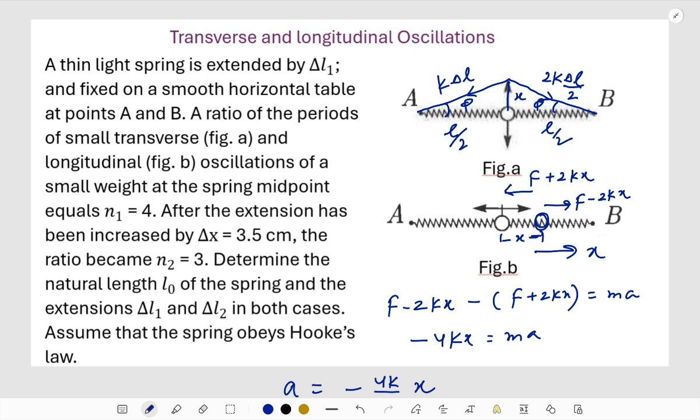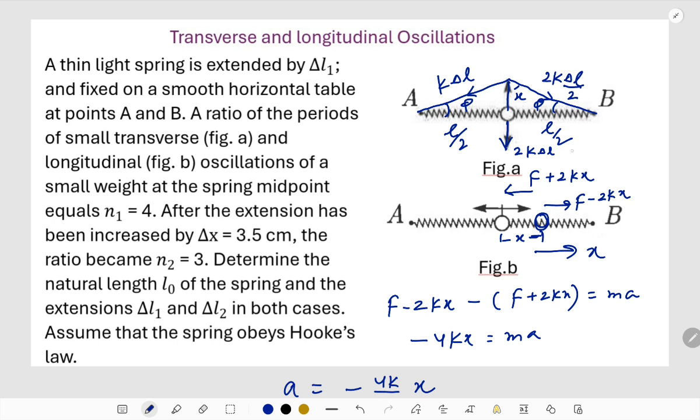One thing I need to take care of is that x is quite small, so is phi. Phi is also very small, and these two forces, their resultant will be in this direction, and that will be 2k delta L sine phi.